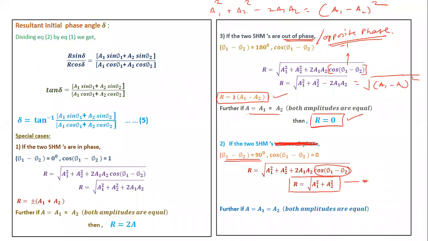Now further, if A1 and A2 are both equal, then let me substitute: root of A square plus A square, which is root 2A square, or we can write root 2 A. So we get resultant amplitude root 2 A. This is the resultant amplitude if the phase difference is 90.